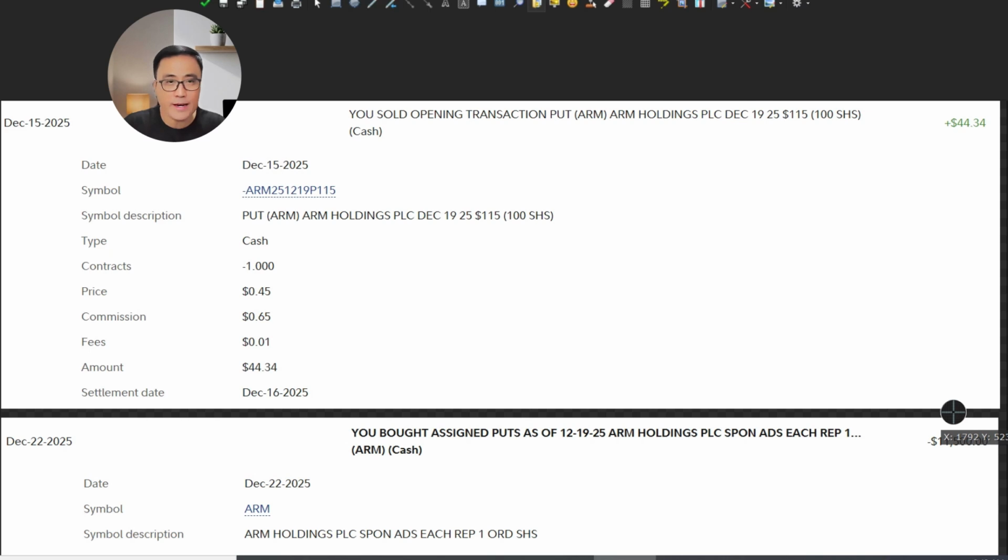Here's my trade. I took screenshots of my trade. Monday, December 15, I had sold one contract of put options on ARM, and I had picked a strike price of $115. So options have an expiration date, which was December 19th, right?